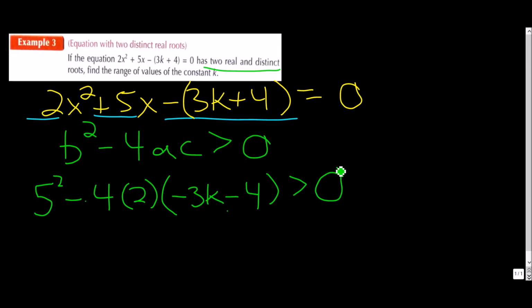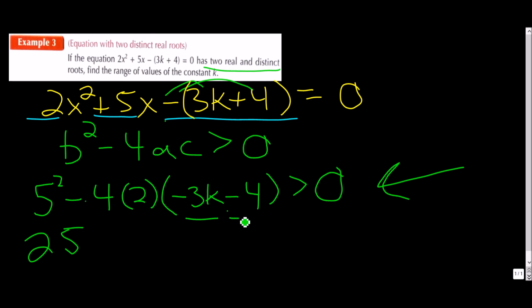Notice what I did at this point: I distributed the negative into each of these parts to make things simpler. Now I keep simplifying. This is my scaffold. This is what I know is true, and I've applied the specifics for the problem. So 5 squared makes 25. I then have negative 4 times 2, which is negative 8, and I have to multiply that negative 8 by each of these parts.